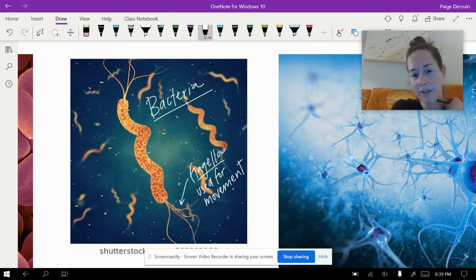And they're really, really tiny, way tinier than even a red blood cell. They have almost no parts besides DNA and the ability to make proteins. That's a bacteria. So that's a really small cell.